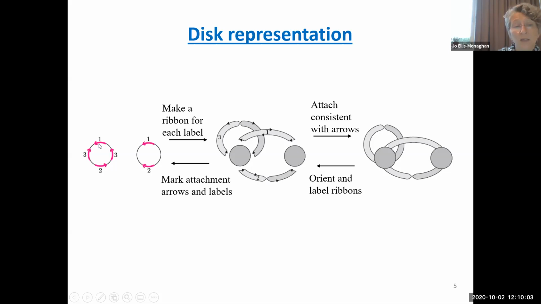And that gives me the disk representation, just those 2 little circles with some labeled arrows on them, instead of having to draw the whole ribbon graph. Going back in the other direction, if you've got a disk representation, you just draw arcs head to tail and head to tail to get your ribbons back. Sound good? Okay. Yeah, that's good.